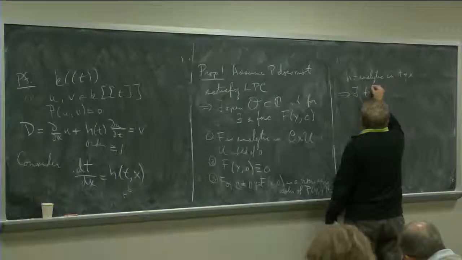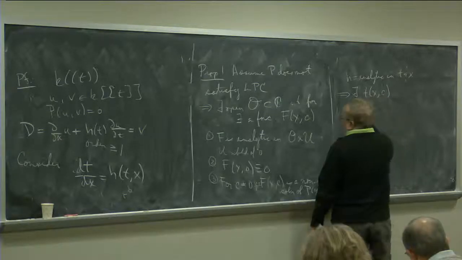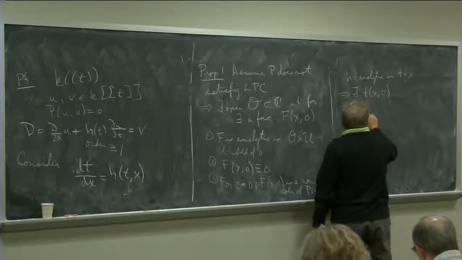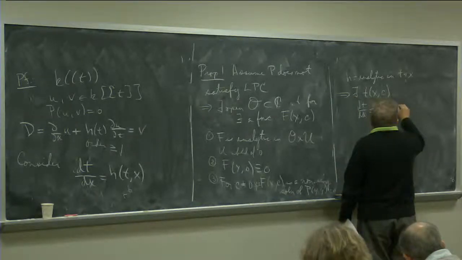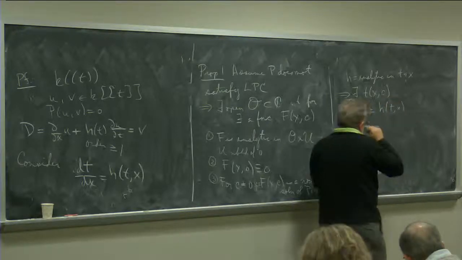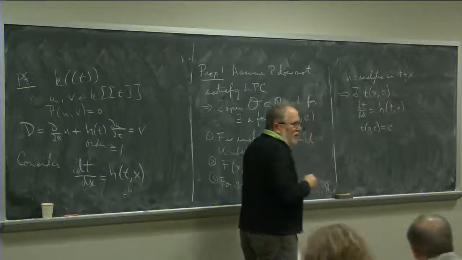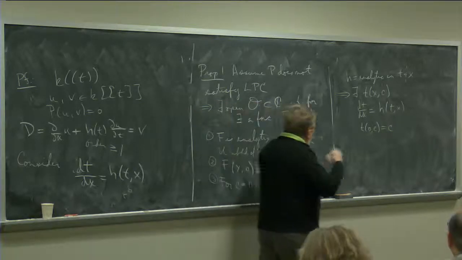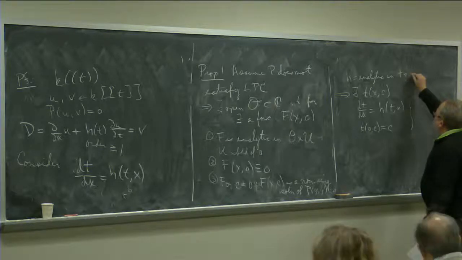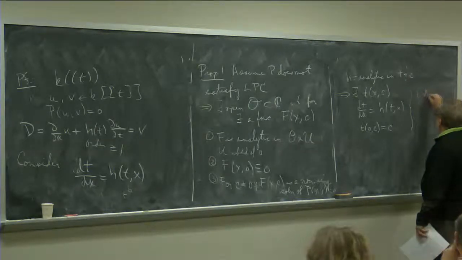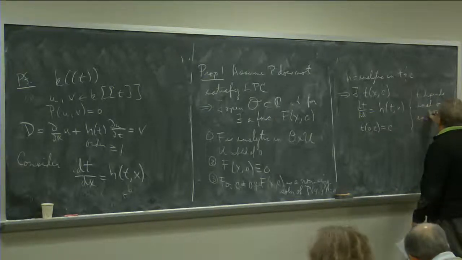So there exists some t of x, c satisfying dt dx is h of t, x, and the initial condition is this. So I've put in the initial condition, and from theorems on differential equations, we can get it so that t depends analytically on c, the initial conditions.